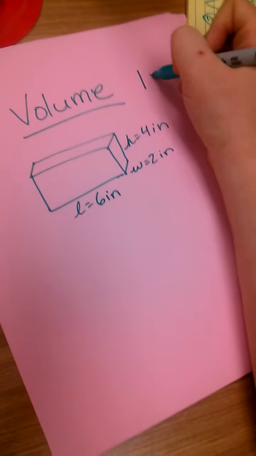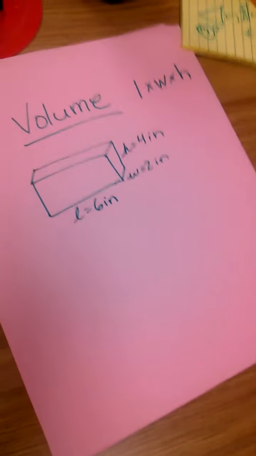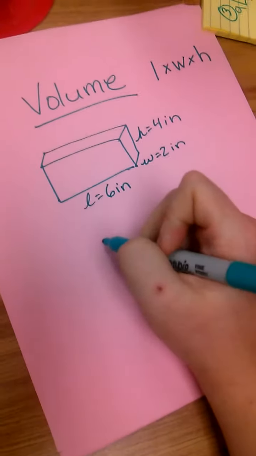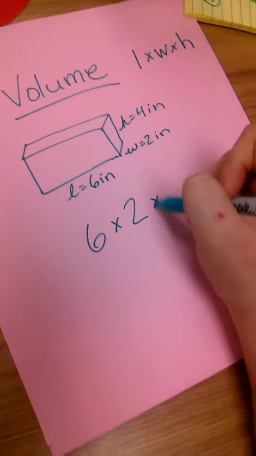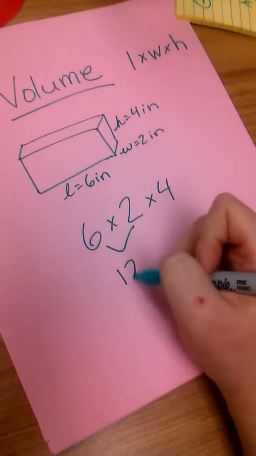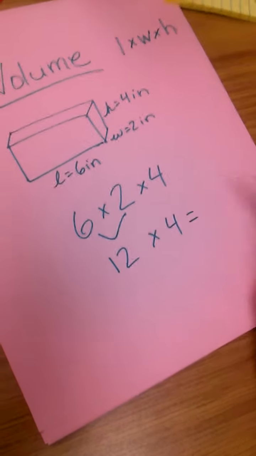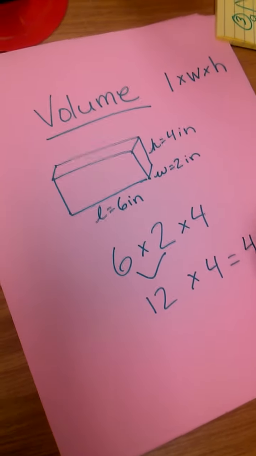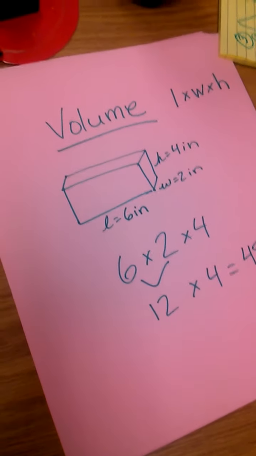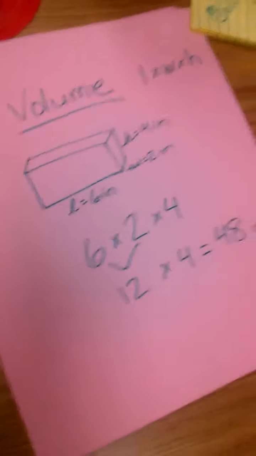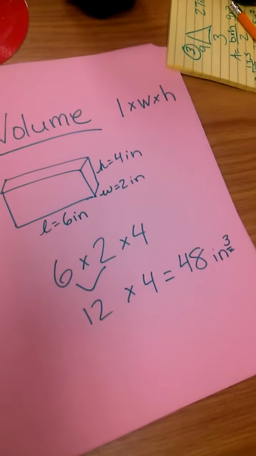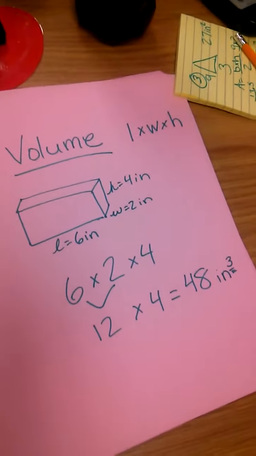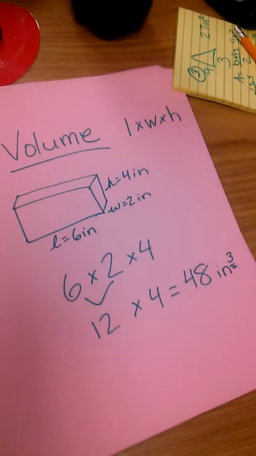So volume is length times width times height. So I can say 6 times 2 times 4. 6 times 2 is 12, times 4 is 48 inches cubed. So we're going to put the little number 3. And because we are doing cubed, or volume, it has to be that little number 3.